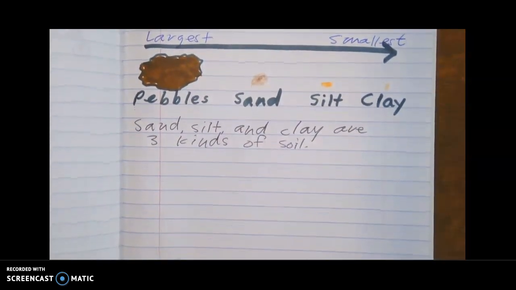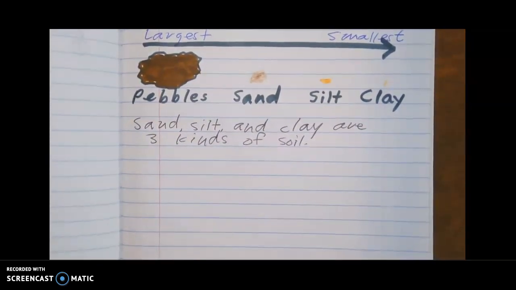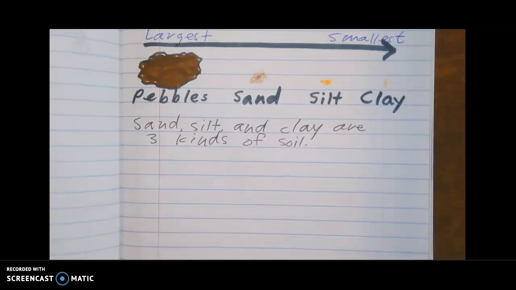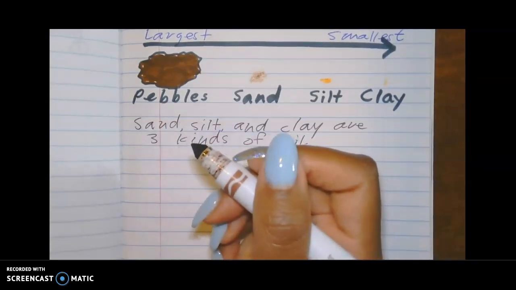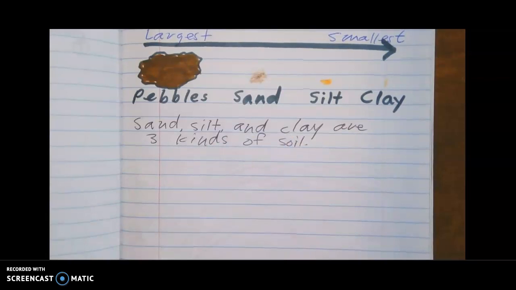Remember, you can always run it back. And now for our definitions. We all know what a pebble is, and I showed you an example.